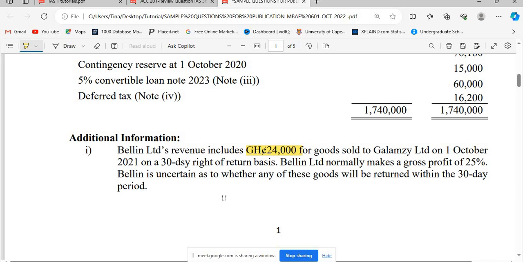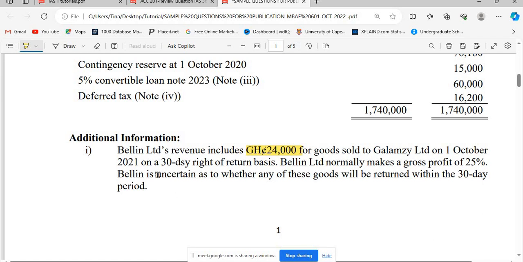But in this transaction, Berlin has recognized the 24,000 revenue regarding goods sold to Galamsey Limited, but the condition is that Galamsey Limited can return the item within 30 days. So the 24,000 could be excluded from our statement if Galamsey returns the item. Berlin Limited is not sure whether the item will be retained, which means there is uncertainty.